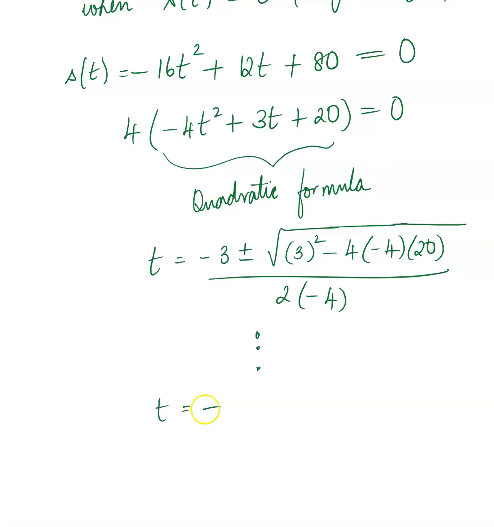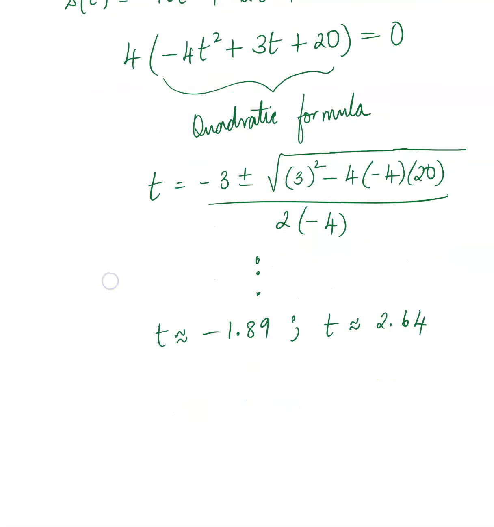So we get negative 1.89 as one of the answers, and we get all these approximate answers. So we put approximation symbol here, and this is approximately 2.64. We have two answers because it's a quadratic, so you do expect two solutions.